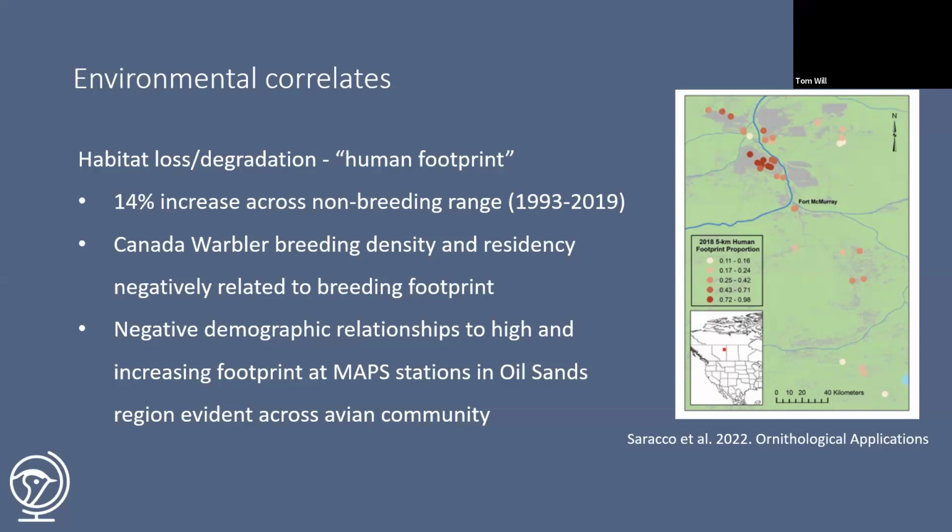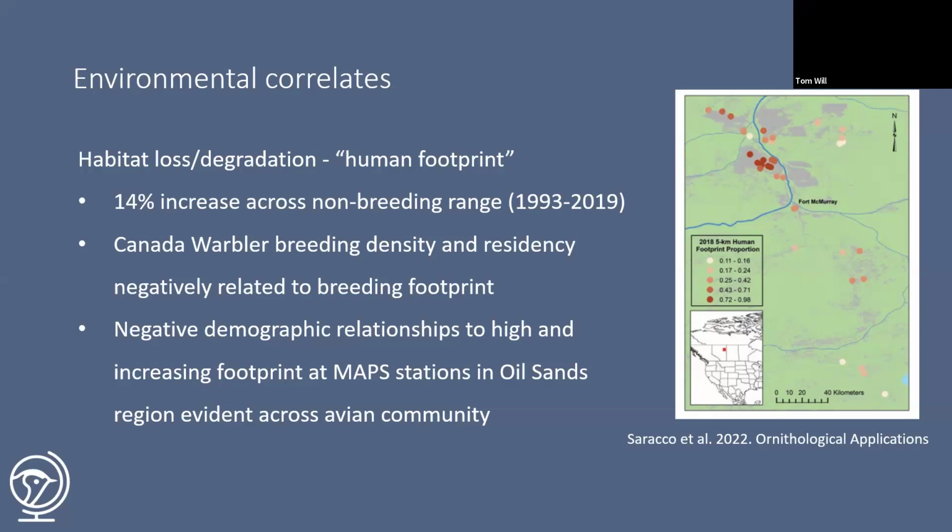And going back to the multi-species focus of the original development of the program, Canada Warbler in that analysis, from a more recent paper, showed the same signal: lower abundance and lower residency in places that were more highly disturbed.